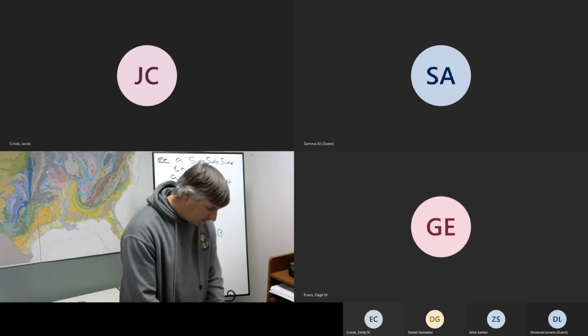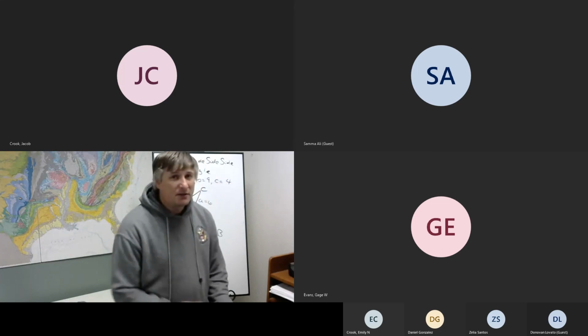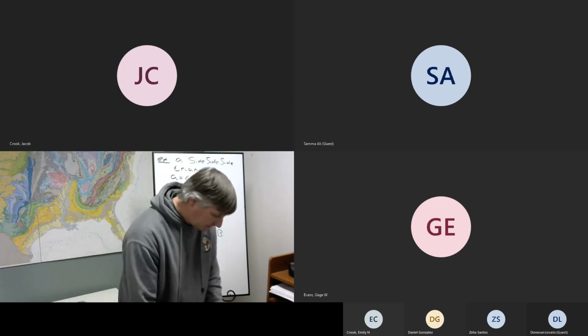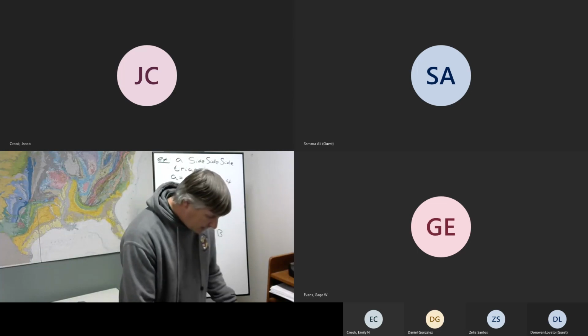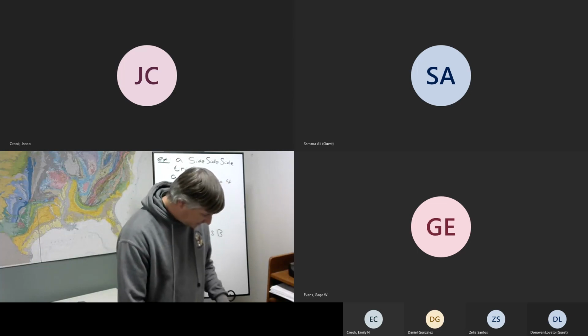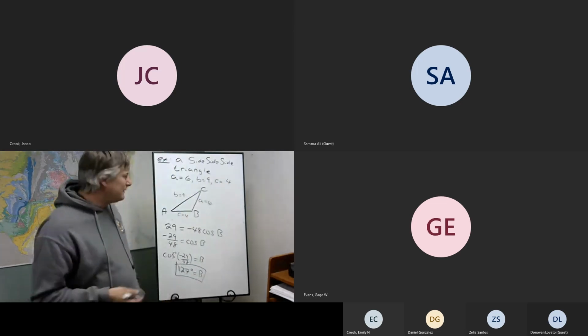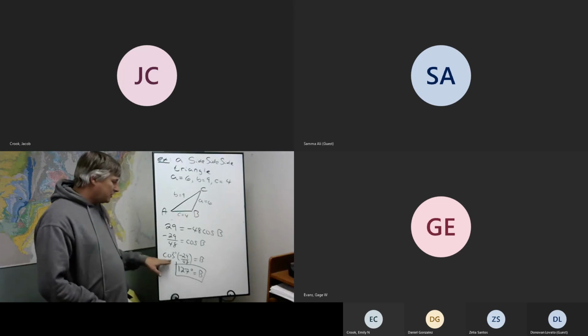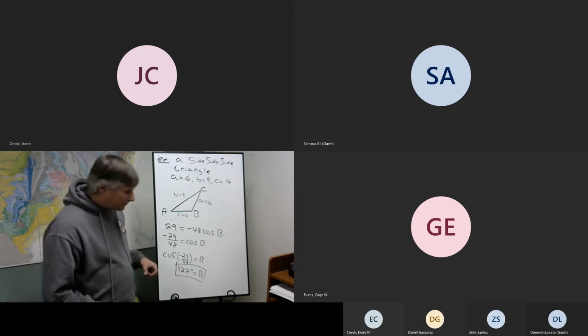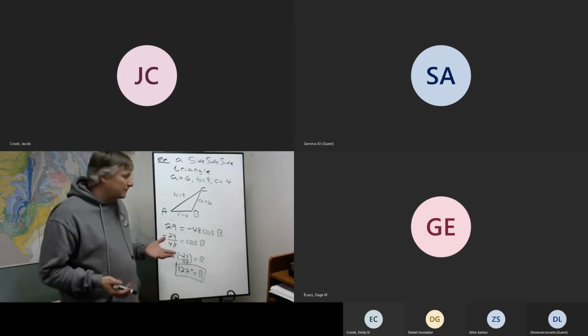Now, the problem with 53 is that it's an acute angle. So what we need to make sure, yes, I'm not sure why. Let me think about why they did that. I just use cosine inverse of negative 29 over 48, and I get the answer.